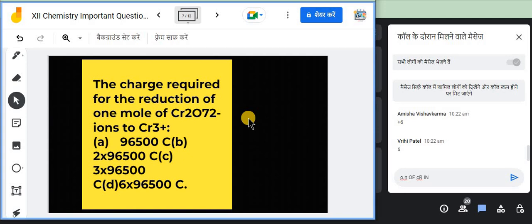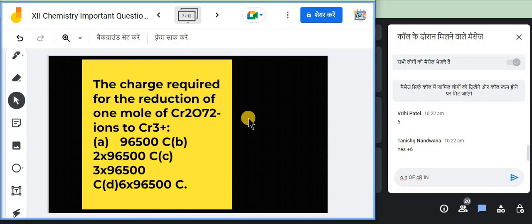Now, plus 6 changes to plus 3. What is the change in oxidation number? It is plus 3. Now the question asked here is the charge required for the reduction of 1 mole of chromium ions.